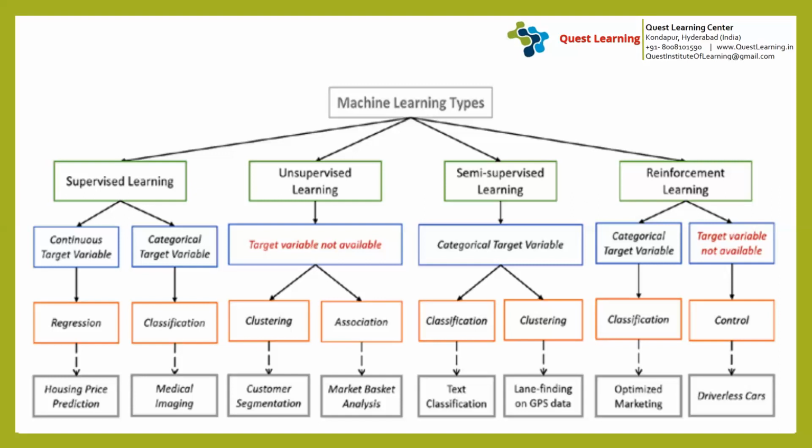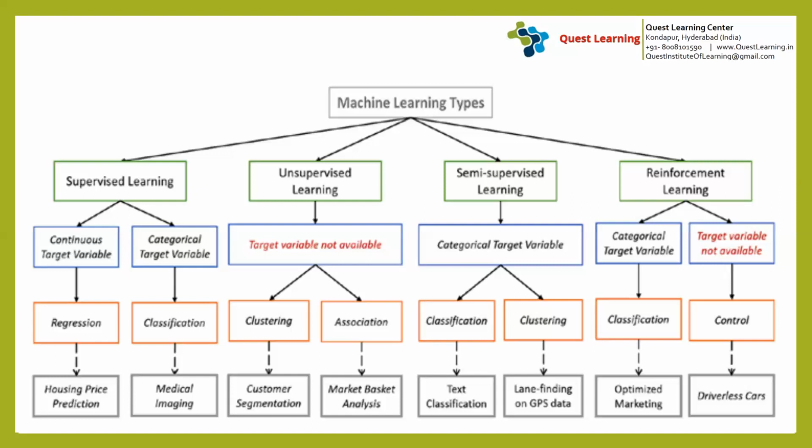Similarly, you have the driverless car. A driverless car is also reinforcement learning. Why? Because it is not possible to give all kinds of scenarios to your model. Instead, you will give some conditions like red light, you have to stop, green you have to go.